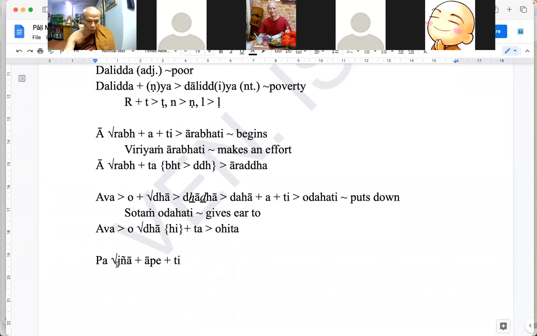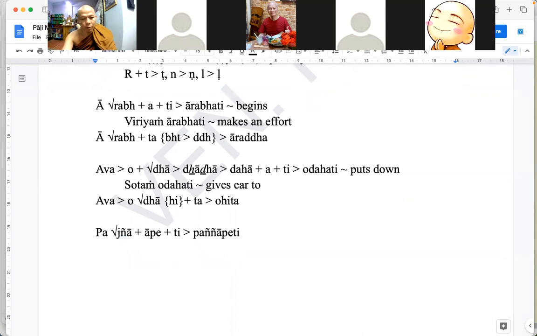So this jna becomes nna. That is why we have pannapeti. And then the past participle form is also irregular. We take the base form, after that the ta, and sometimes an i is inserted.